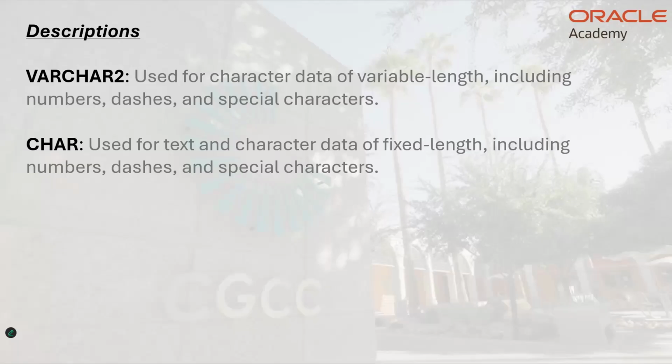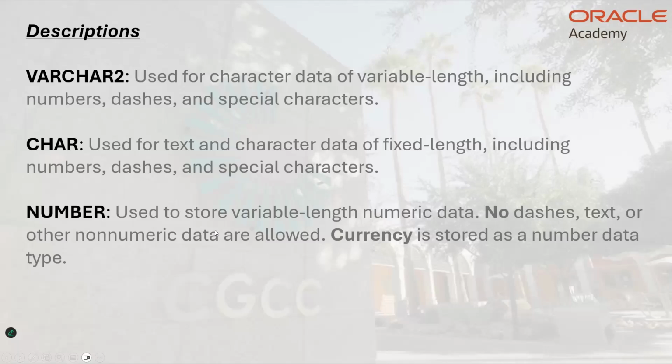I said constant, but more appropriate is fixed. It doesn't change. And this does include numbers, dashes, letters, etc. But the difference between the two is fixed length and variable length.